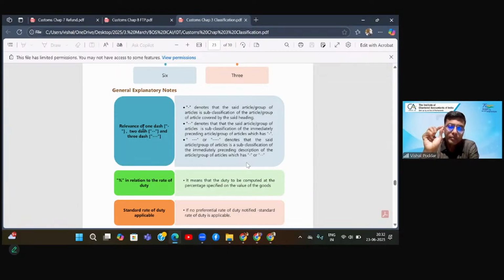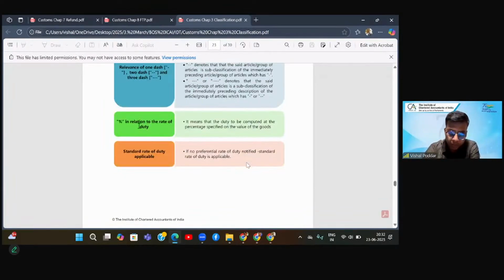Single dash represents the heading, like how in a book we have different headings of paragraphs, which is the main heading. Within every heading, you may have further sub points, and within each sub point, further sub points. That is how single dash, double dash, triple dash, four times dash, all these are used.